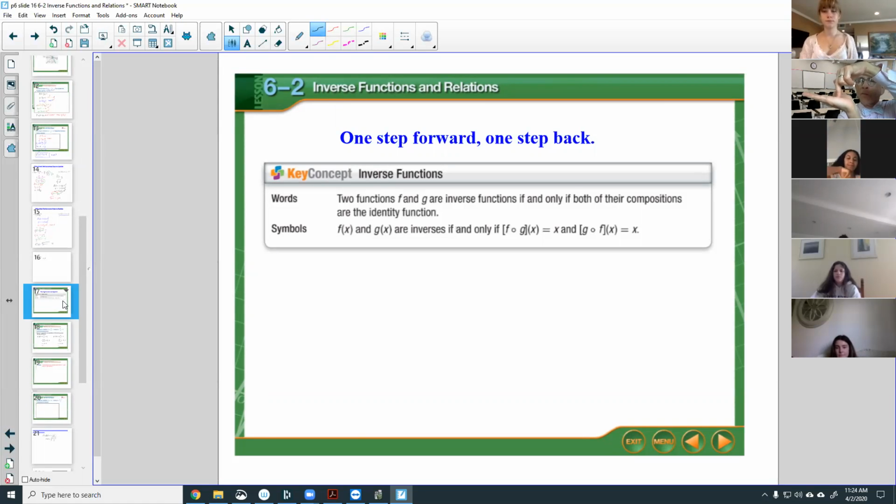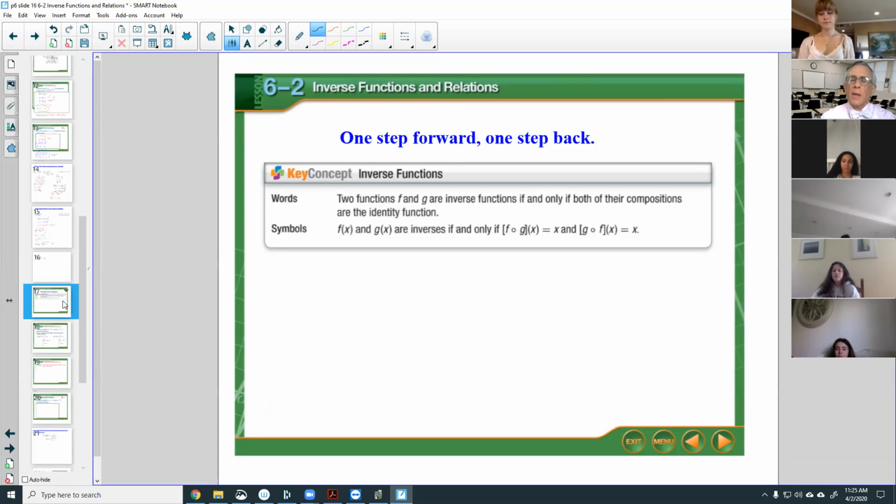One function says take a step forward, and the other function, the inverse, says take a step backwards. Where do I end up? Right where I started. So if I start at x and I have a function that says go that way and then do the inverse, which is go that way, I wind up back at x.